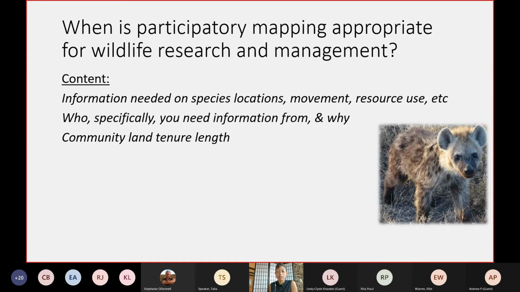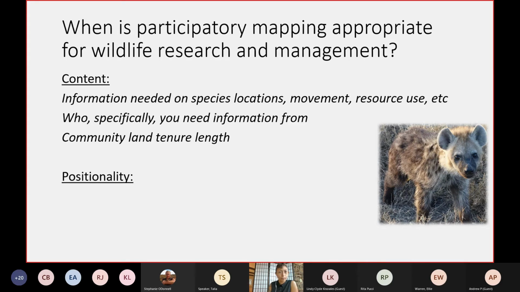And that doesn't mean that the people who've just moved in don't have their valuable opinions and needs as well, but for example, in the bowhead whale example I just gave you, those people had been living on that land for generations, and they were able to speak to whether wildlife had faced certain issues in the past or in the present that they didn't before. So those are important things to think about when you're designing the participatory mapping with the community.